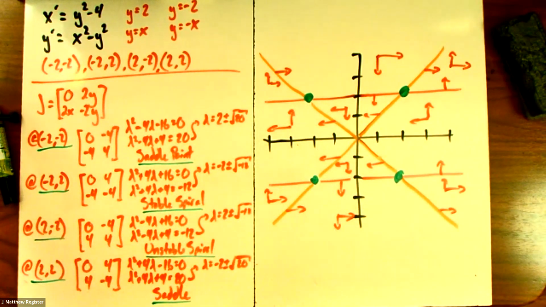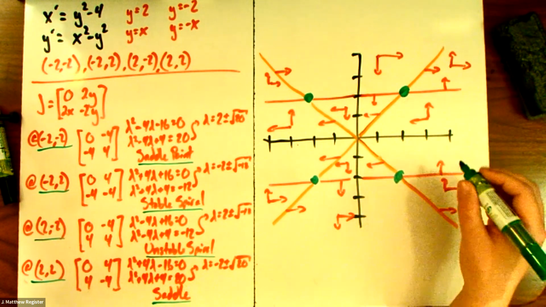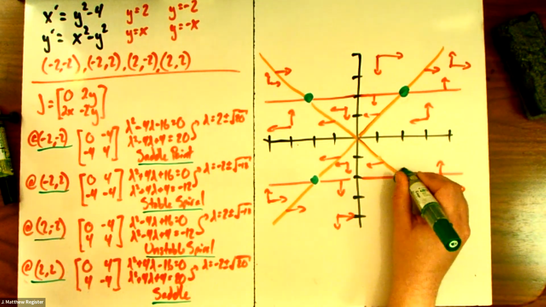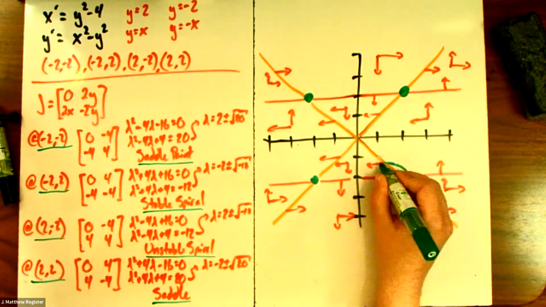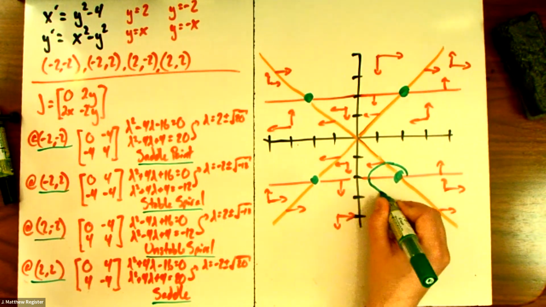And so let's see if we can figure out what's going on with our arrows. At this point, we know it's an unstable spiral, and so things are going to be spiraling outward. And so it's spiraling up and to the left. It crosses this, starts to go down and to the left. It crosses this, it goes down and to the right.